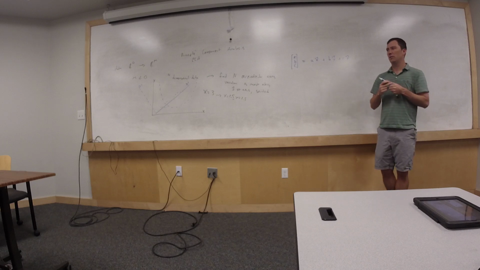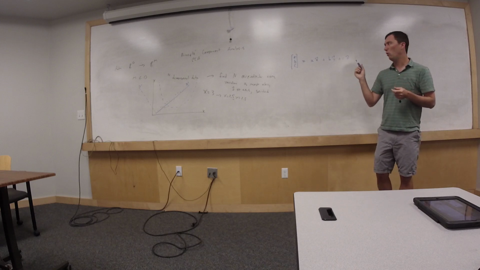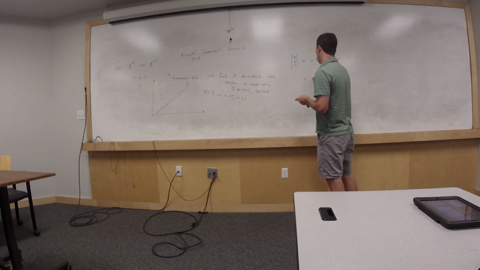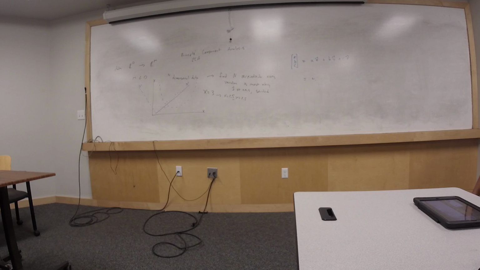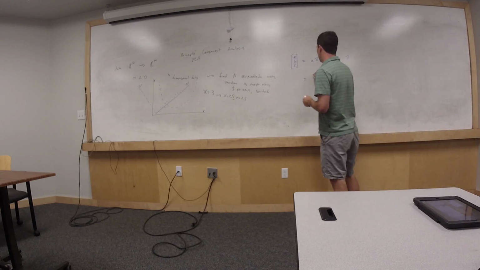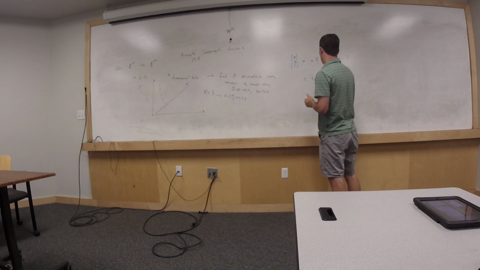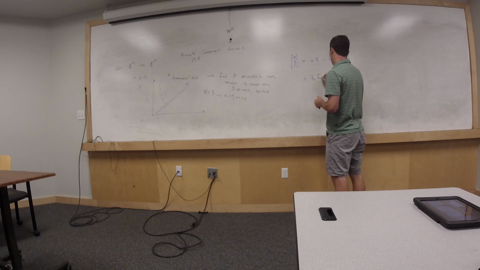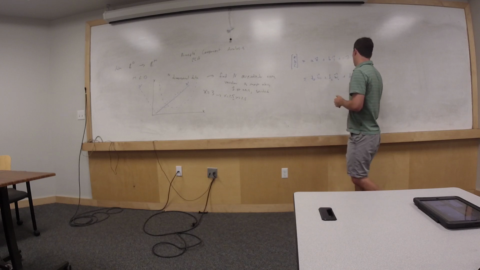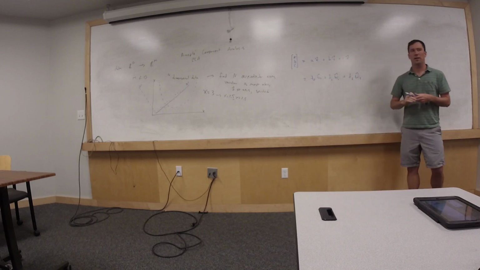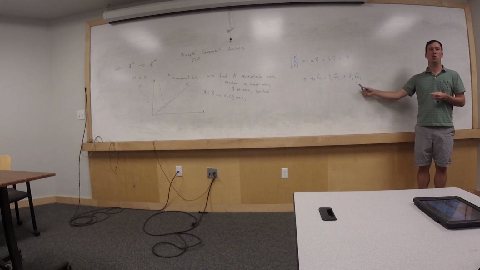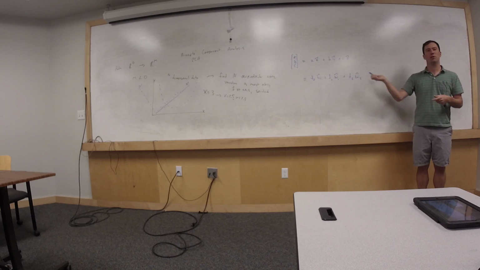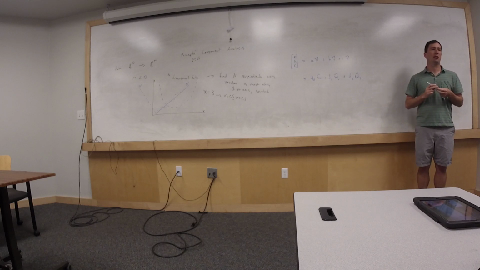I can do this with other directions, okay? And the goal of PCA is I want to find some new axes, W0, W1, W2, and new coordinates, T0, T1, T2, to describe the same point.